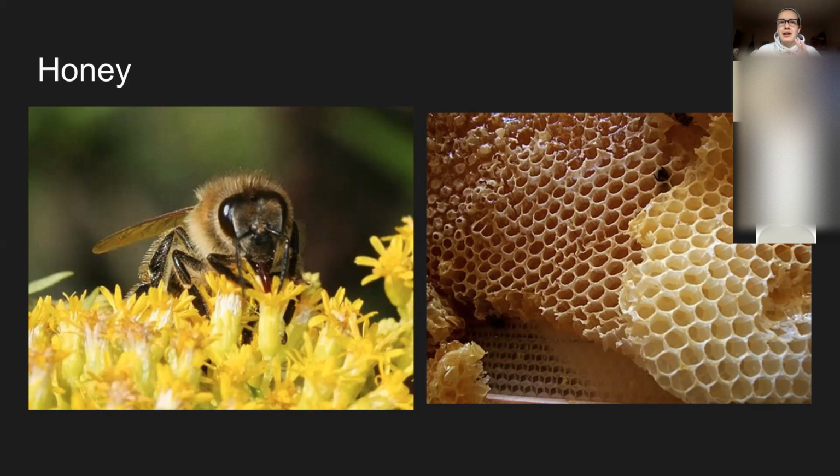The bees then fan that liquid, and once the water comes off and there's some enzymatic activity, it turns into a thicker liquid called honey. The honey is stored in the big wax structures, and when they're all together like this, we call it a honeycomb.